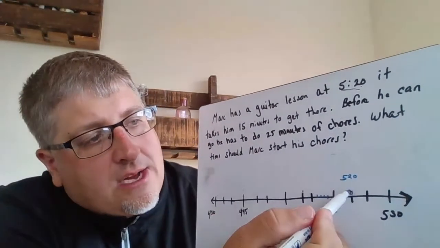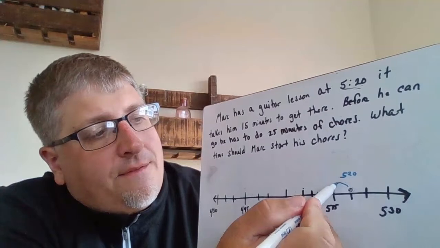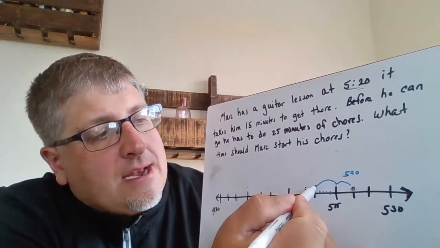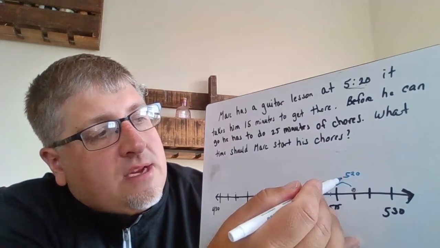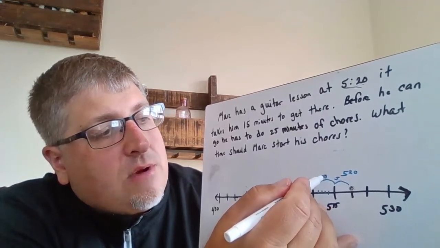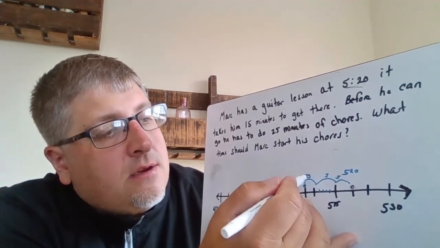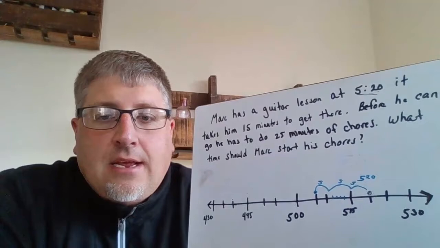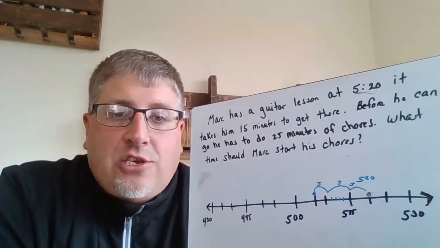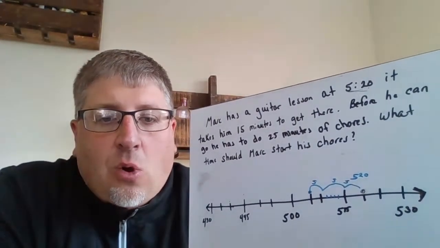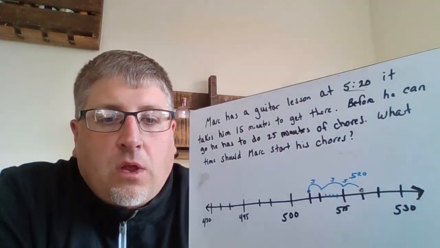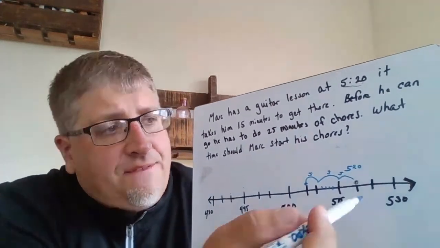So from the 5:20 here, we're going to count back 5, 10, 15. So there's 15 minutes back. This represents how long it took him to get to the guitar lesson. It could be how long it took him to walk there, or how long it took him to ride in the car. So that's that 15 minutes there.